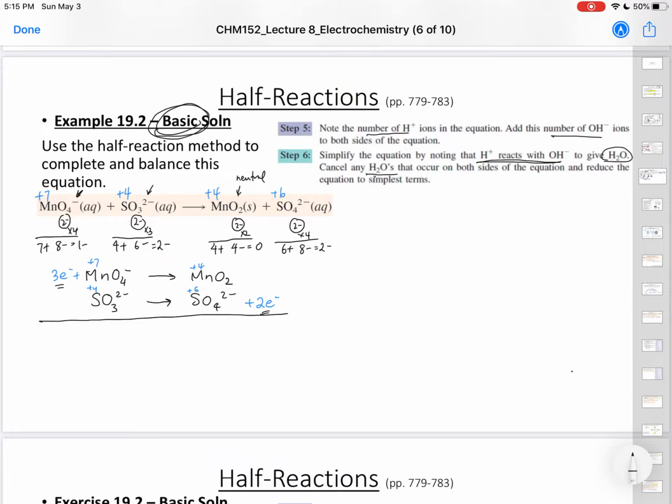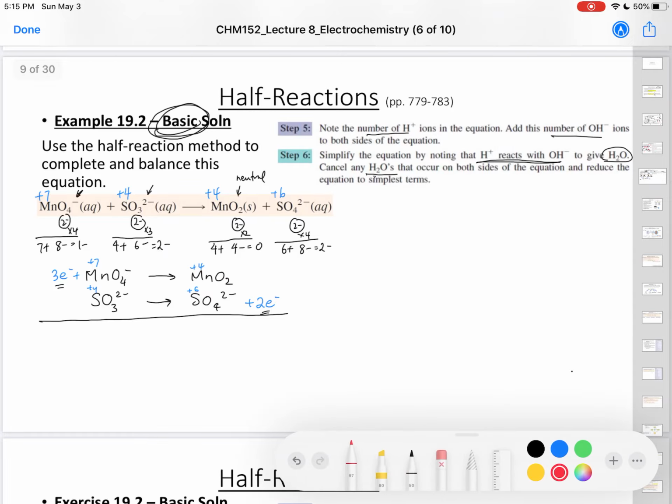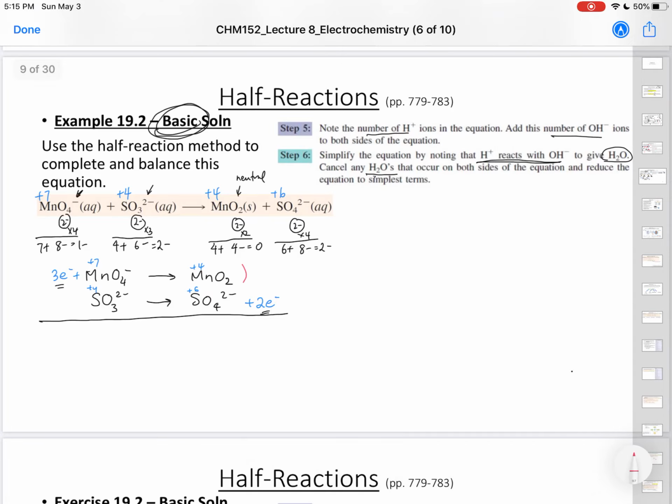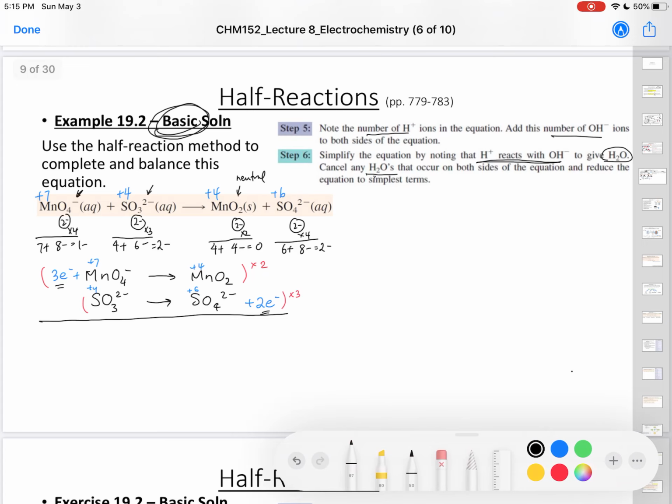So 6 gained, 6 lost, which means I need to multiply my top equation by 2, and my bottom equation by 3. That gives me 6 electrons on each side.